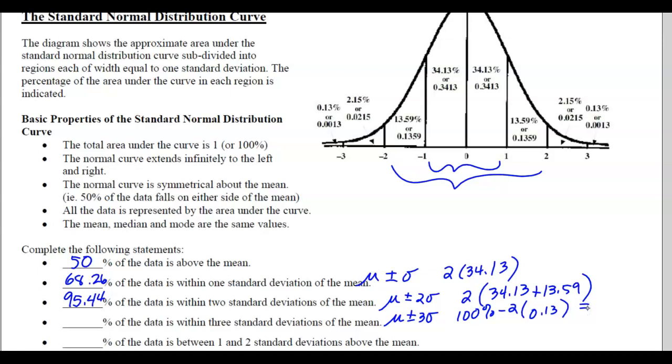So that's 0.26. Okay, so that is 99.74%.